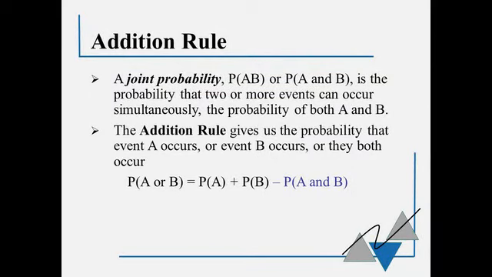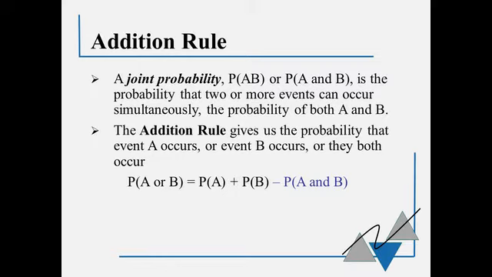A joint probability is the probability that 2 things happen at the same time. So it can be written as probability of AB together like that, or it can be written as the probability of A and B. We can also compute the probability of A or B, which is the probability of A plus the probability of B minus the probability that they both happen together.